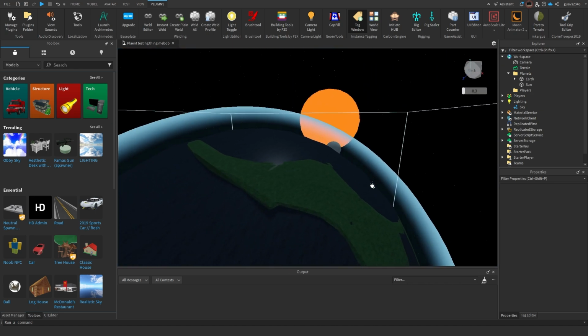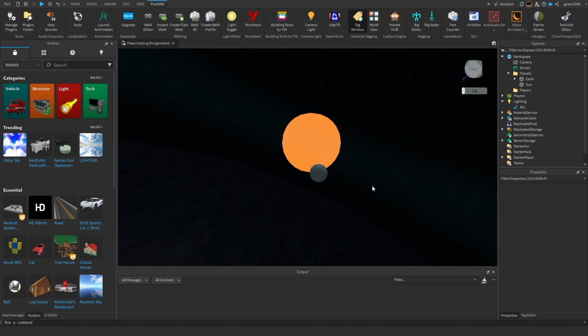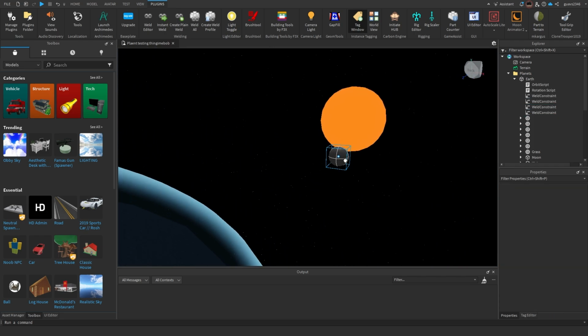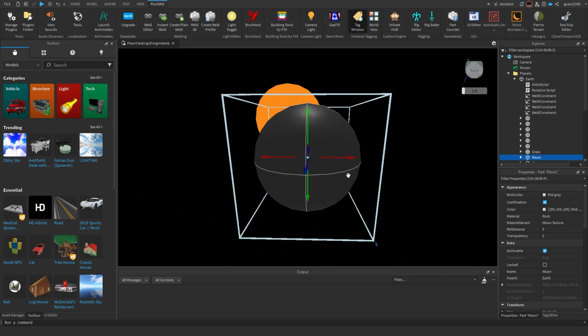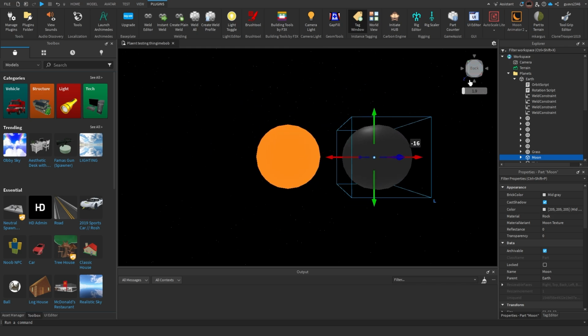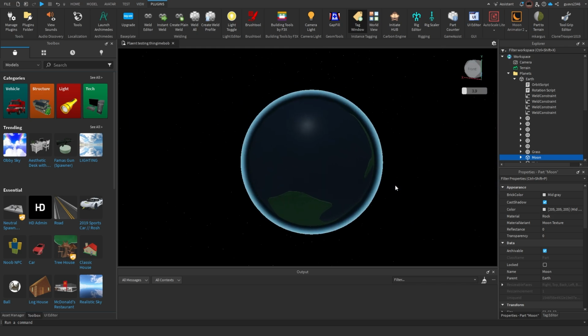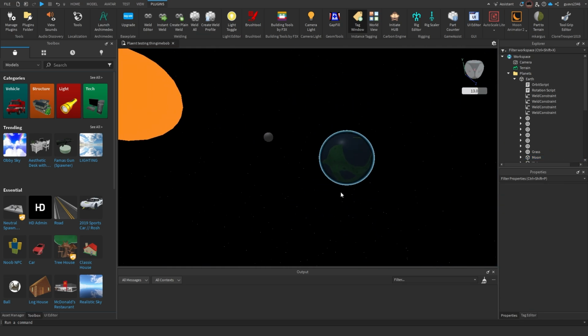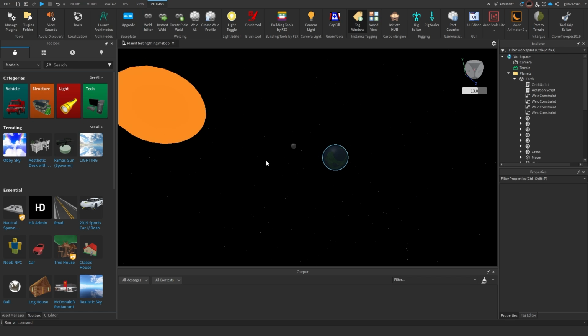So if we go on Earth's surface, are they even in a straight line? No, they're not. It's like a partial eclipse. That doesn't look like an eclipse. Let's fix that because it's not accurate right now.